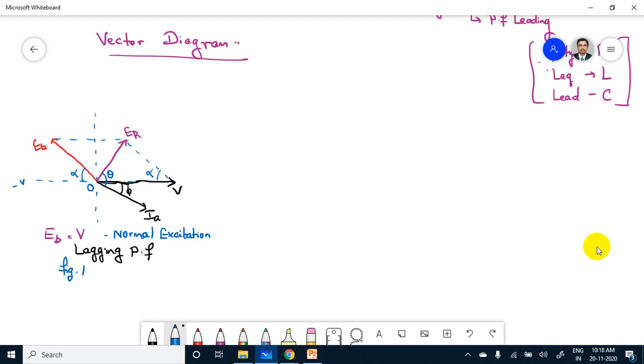Normal excitation. Now we are going to draw the second diagram. Second diagram will be EB is less than V. When EB is less than V, it will be under excitation.